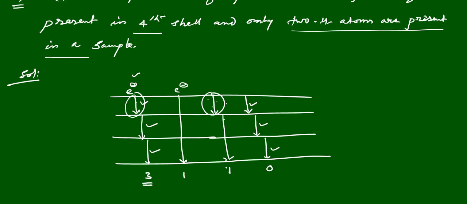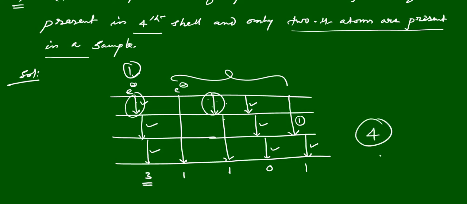In this case also you will get only 1 extra. Or else the second electron may come like this also. In this case, this is already matched with this transition, so this can give 1 extra radiation. Again here also we will get 1. Out of these 4 possibilities, you have to consider any one. Why? Because we have only 2 electrons, 1 electron is already over. The second electron may undergo any of these transitions, but whichever you take, you will get 1 extra radiation only. So total radiations possible are 4 if 2 atoms are there.